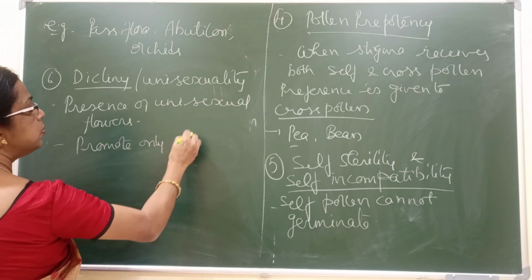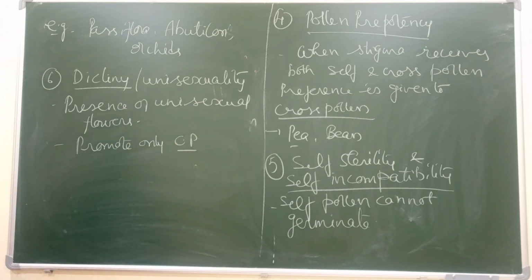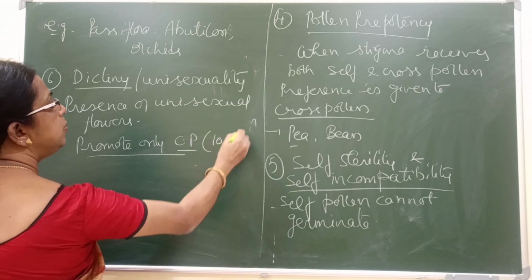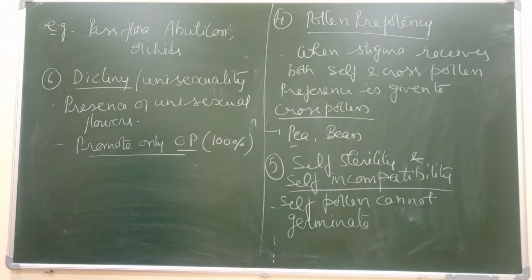Presence of unisexual flowers will promote only cross pollination. Only cross pollination means 100% cross pollination can take place.